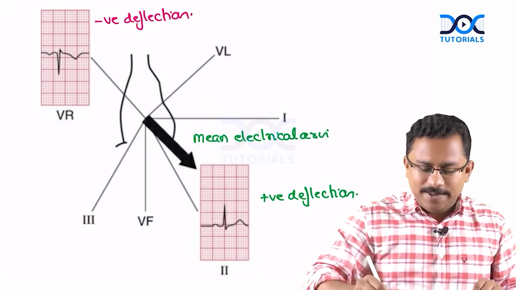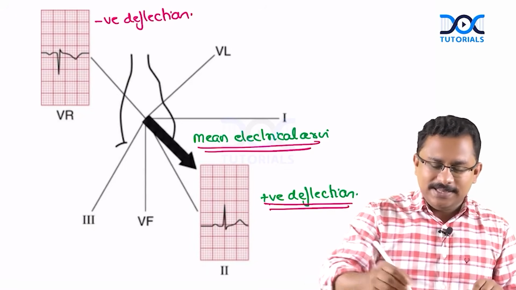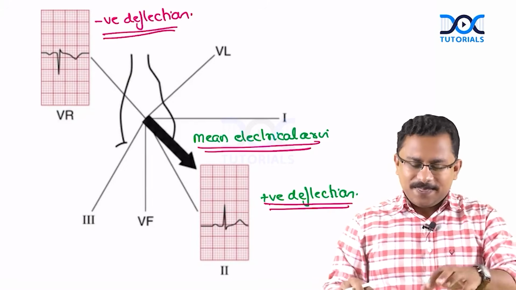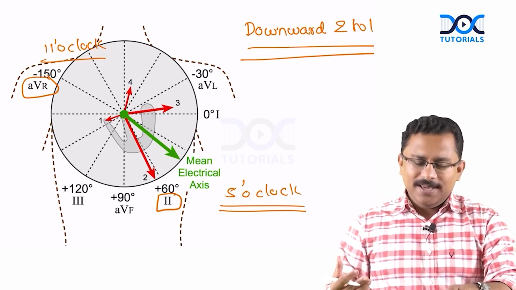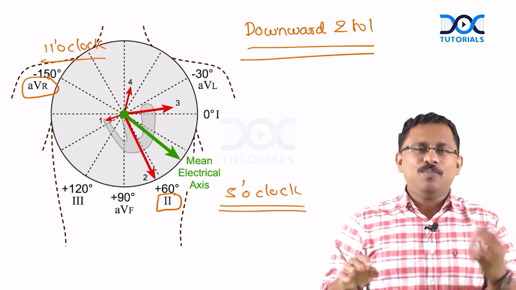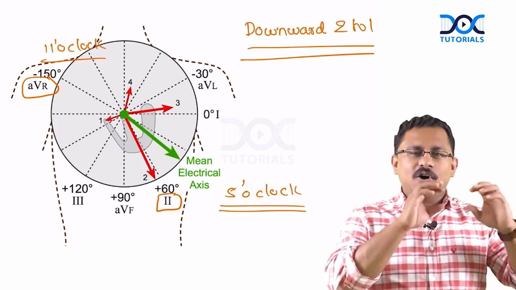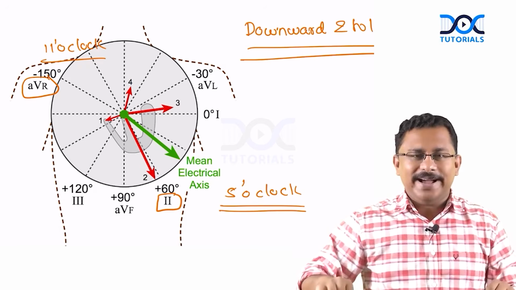So you see, with the mean electrical axis: net positive deflection, net negative deflection. That's also clear. And one more point I want to tell you: when you talk about the axis, with respect to the position of the heart, all these leads are like cameras looking at it from different angles.